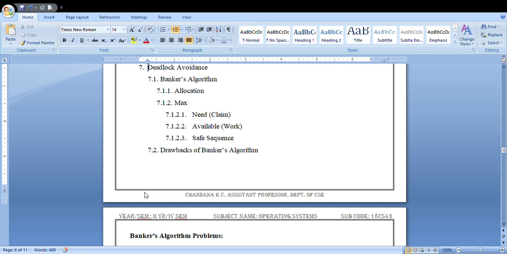For example, if a person goes to the bank and applies for a loan, the manager should first check all the necessary prerequisites, whether giving the loan to that particular person is safe or not. You check based on a few parameters, for example the age of the person and the occupation, whether he is working or not. If he is working, it is safe to sanction the loan; if not working, it is not safe.